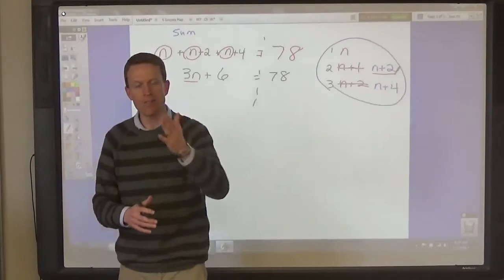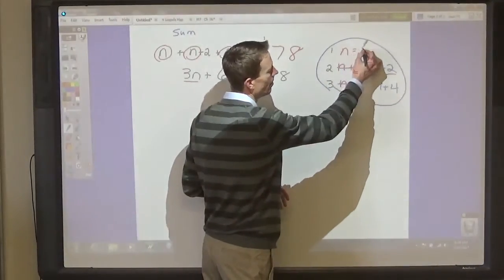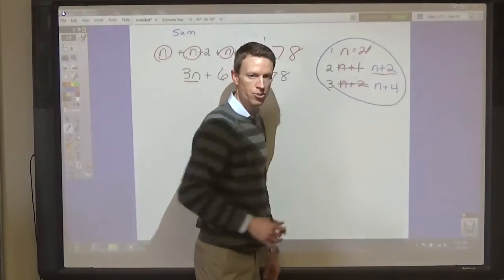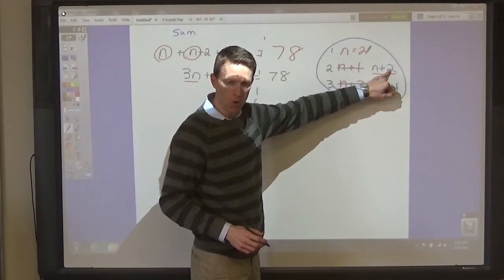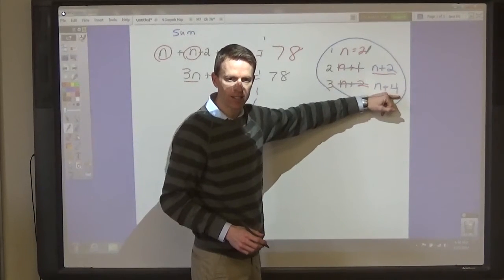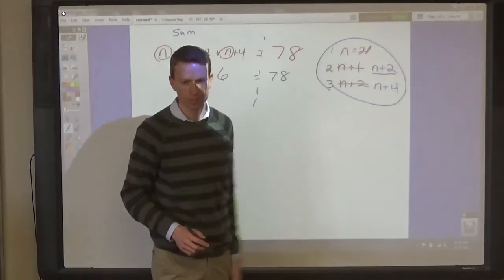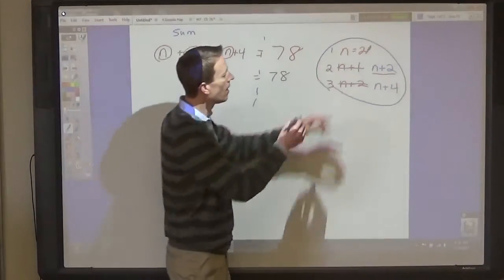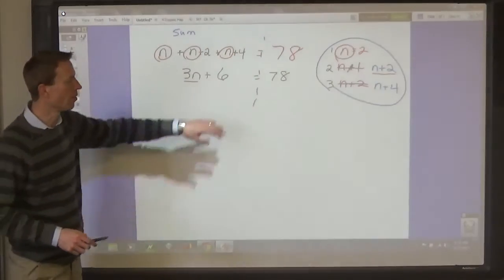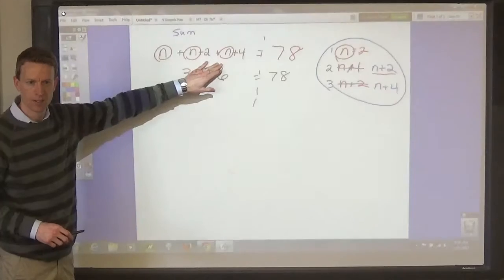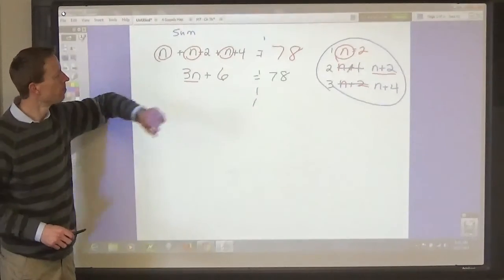Because a consecutive even integer, as an example, would be if the first one is 2, then the next one is 4, and the next one is 6. So it's all based on the starting number. The starting number is the one we're looking for first. Once we know the starting number, then we can find the others.